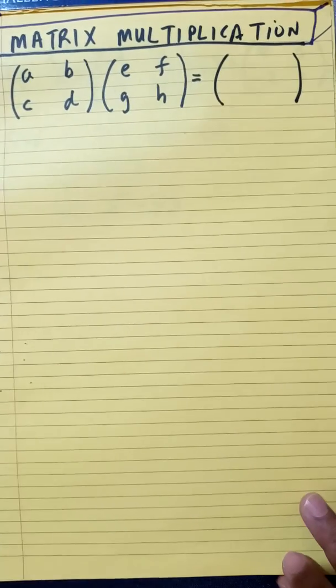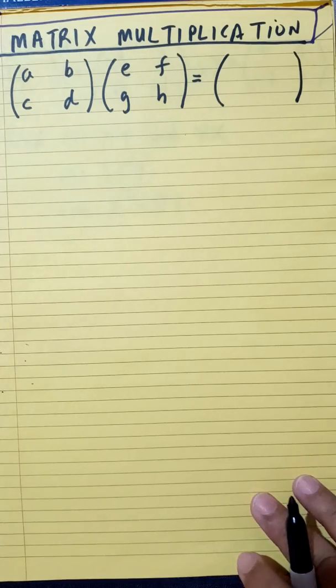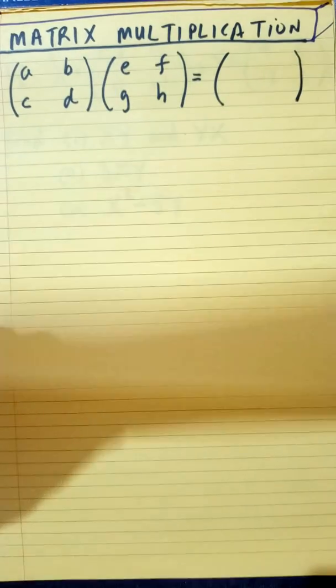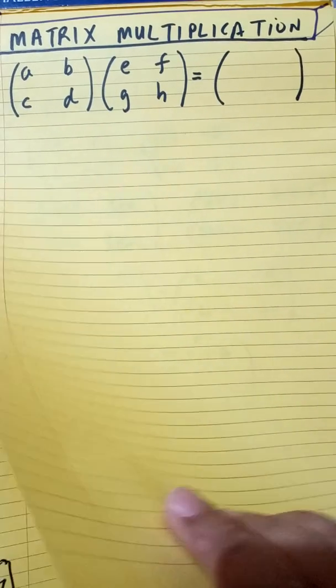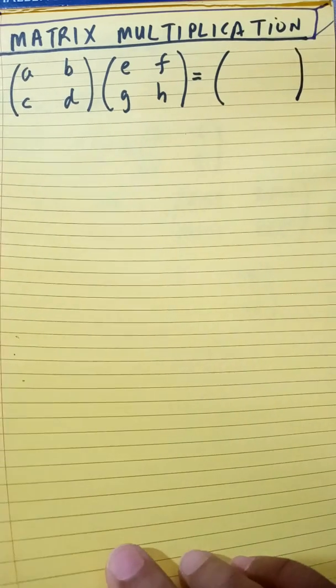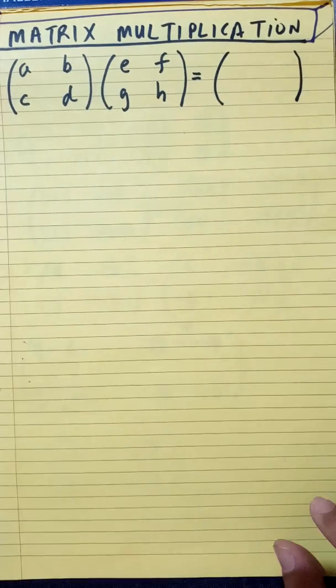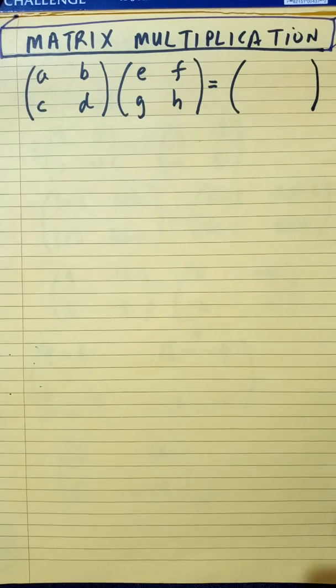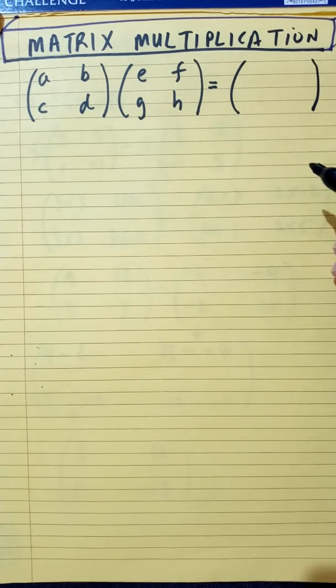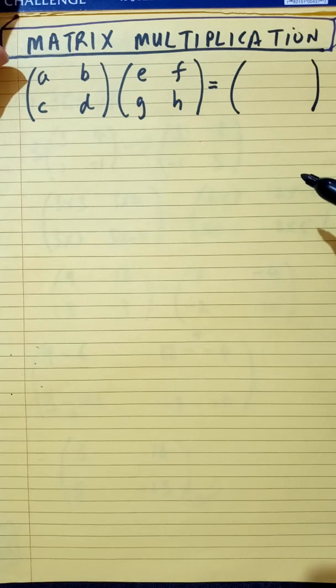Alright, so we're going to look at matrix multiplication. Now, matrix multiplication is slightly different from addition and subtraction of matrices. Whenever we are multiplying two matrices, we multiply row by column.